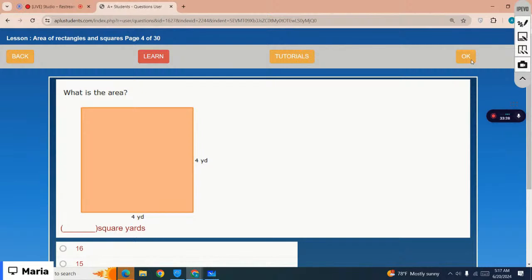What is the area? Which is the correct option? Yes, 16 is the correct option.